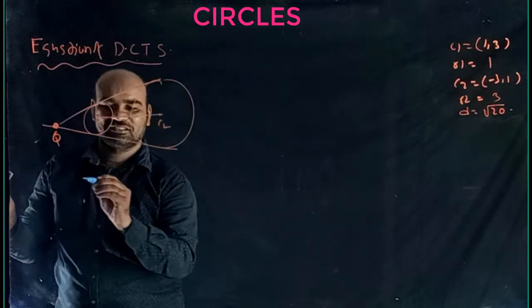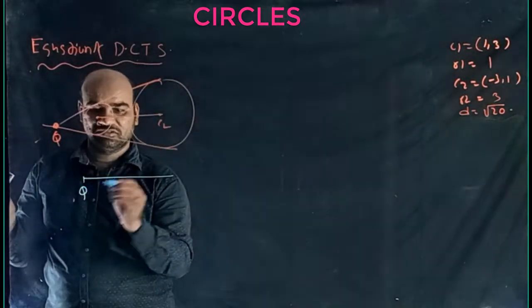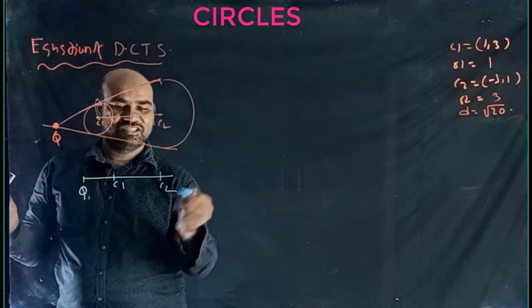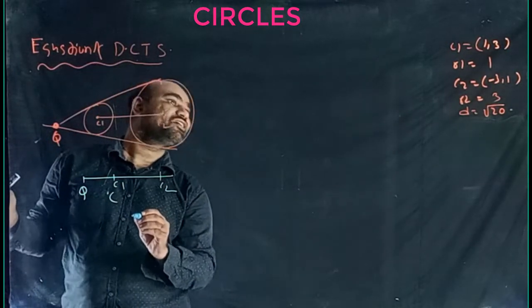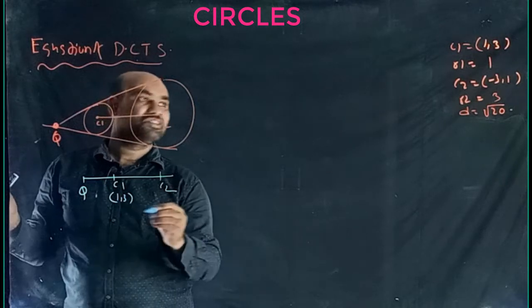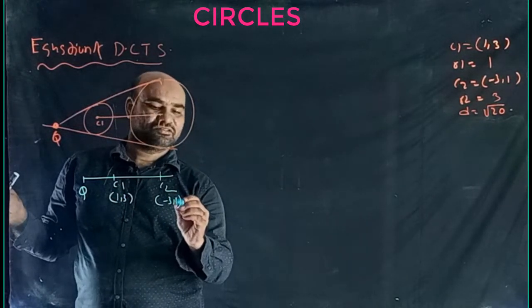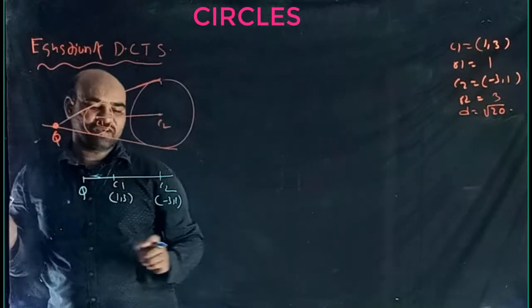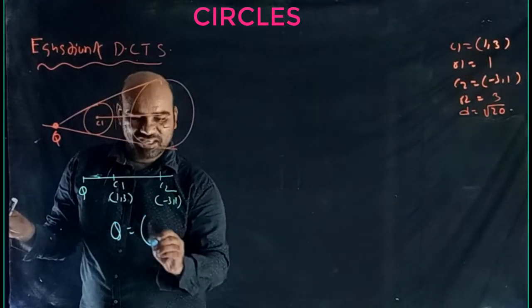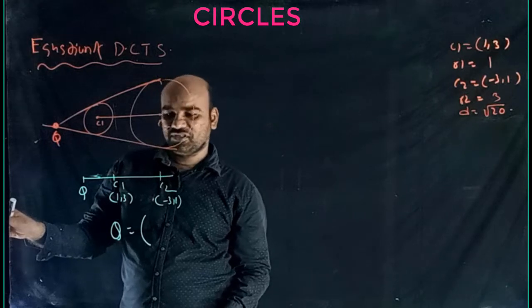Here is Q, here C1, here C2. C1 is 1 comma 3, and C2 is minus 3 comma 1. So what happened? The formula for Q is the same, but you need to write minus mx2.